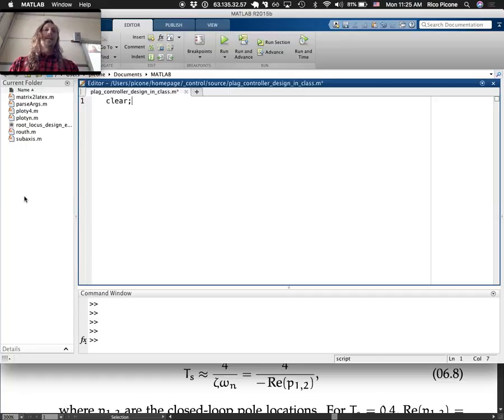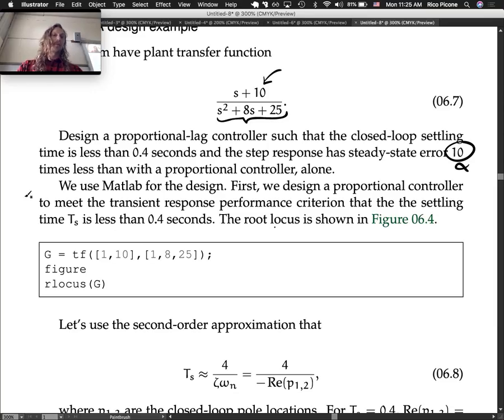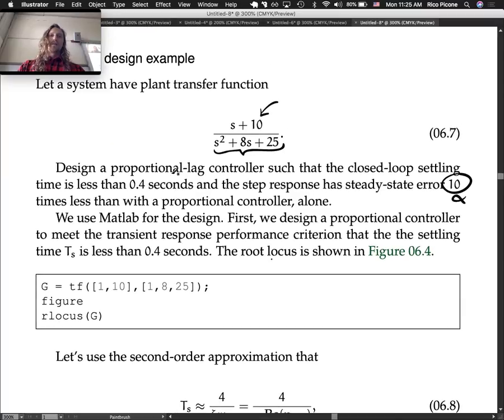Okay. I start all my scripts off with clear and close all. And then we'll put in a cell here and we'll do system definition. Our open loop transfer function is this plant without a controller. It's just the plant, right?